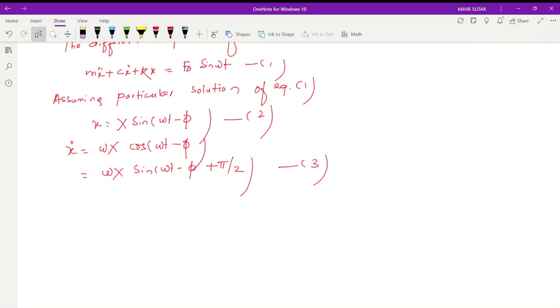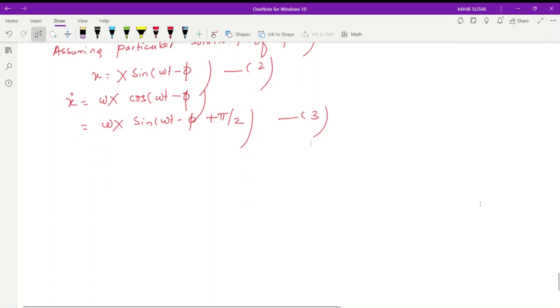Now, substituting the value of x dot, again if you differentiate this, we'll have x double dot as minus omega square X sine omega t minus phi.